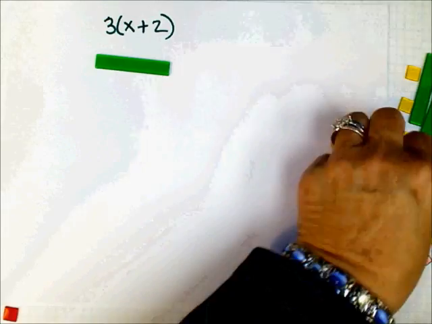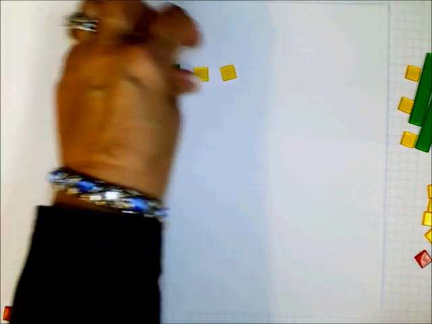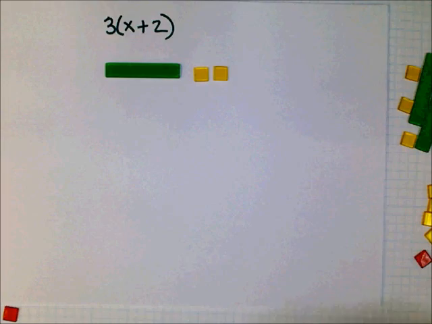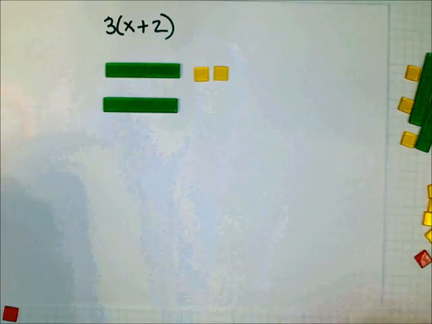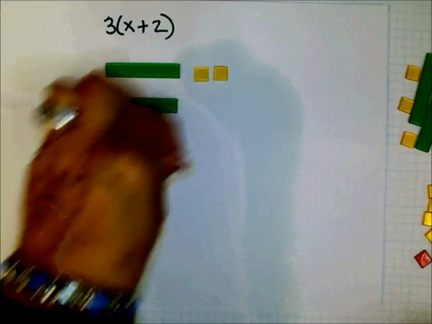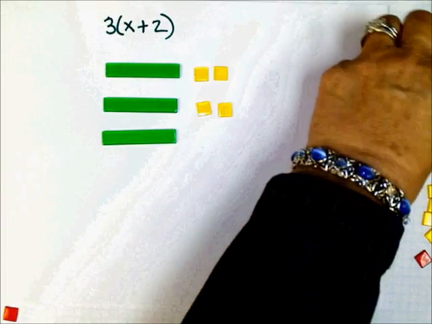This is x, and that's plus 2. So this is a modeling of x plus 2. If I did 3 rows of that, then I would have this. Here's the second row of x plus 2. Here's the third row of x plus 2.